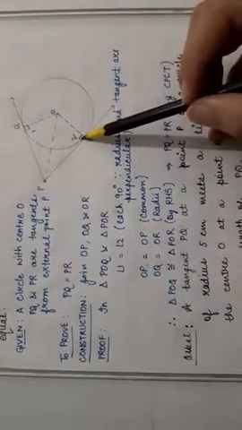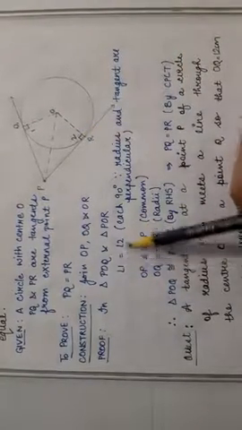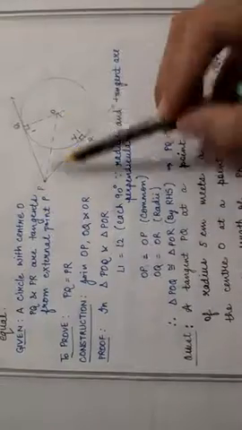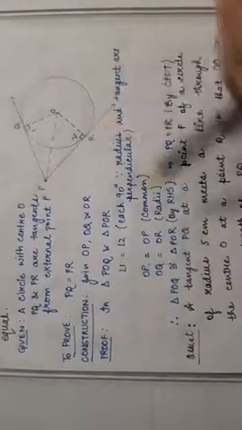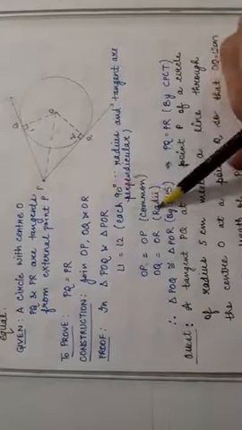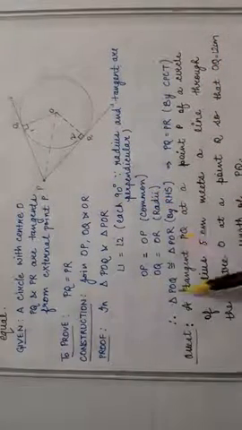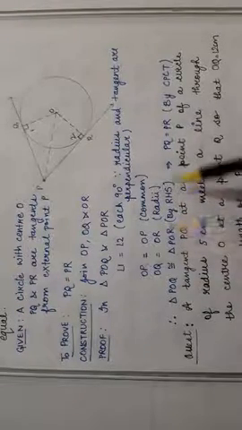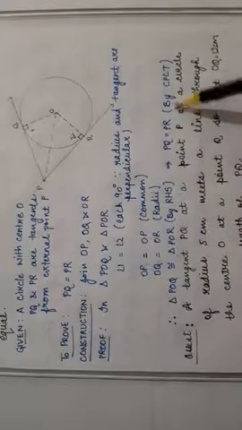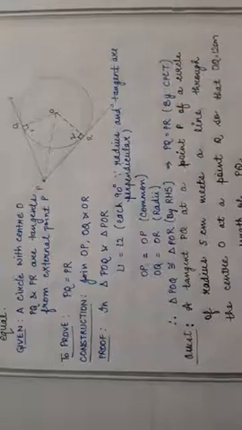Same way, angle 2 is equal to 90 degrees. So both these angles are equal. OP is equal to OP, common. OQ is equal to OR, radii. From these three conditions, we come to a conclusion that these two triangles are congruent by RHS. And once they are congruent, PQ is equal to PR by CPCT. So a simple proof for the second theorem is there.